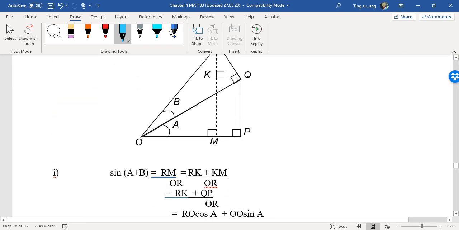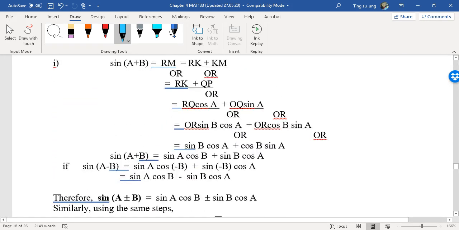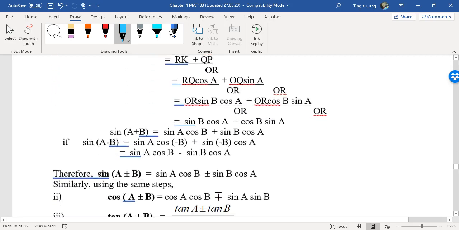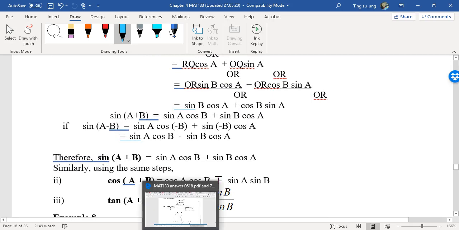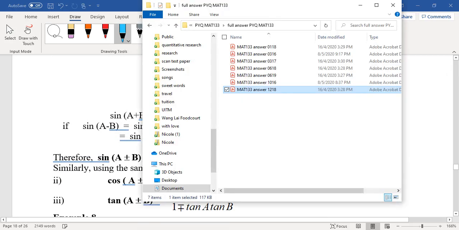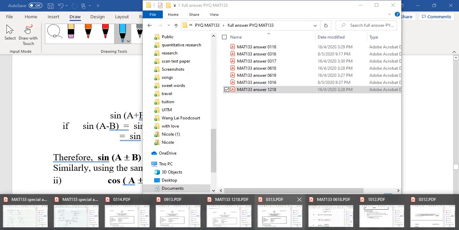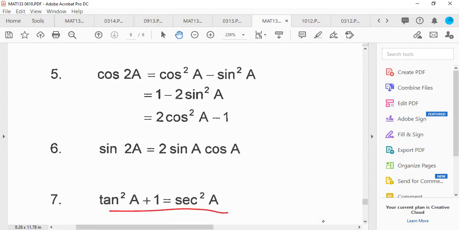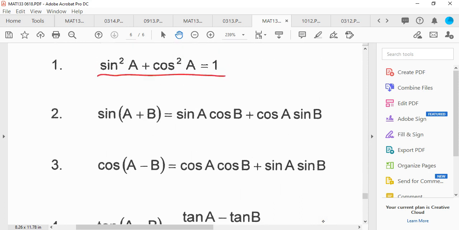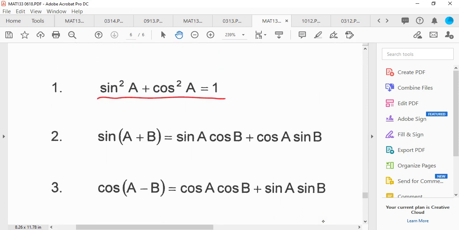So I just go through with the formula first. Now this one you also no need to prove because the formulas are given to you in your appendix 1. Like you see this one, it's already given to you. What you need to do is just modify.